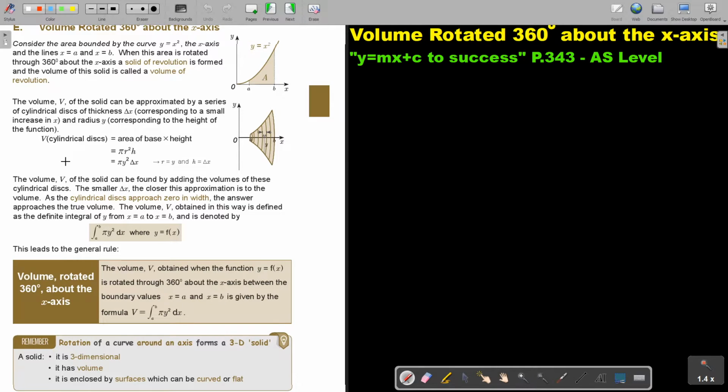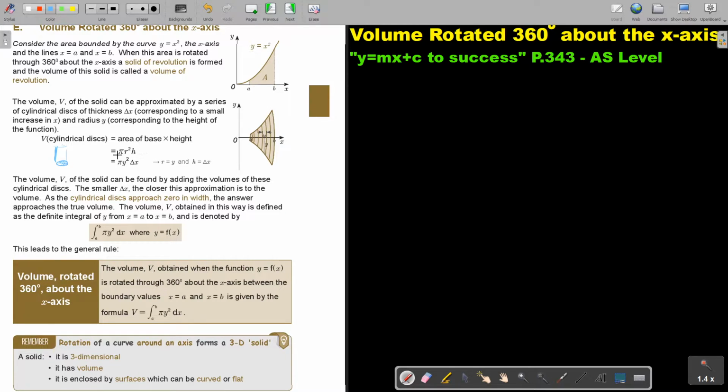Now, can you still remember if you have a cylinder, the volume is always the area of base times the height. That's how I calculate the volume.